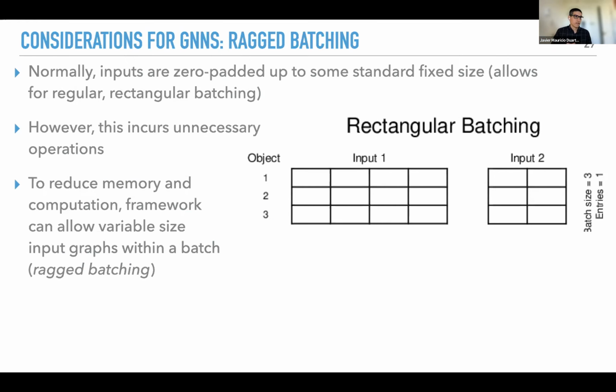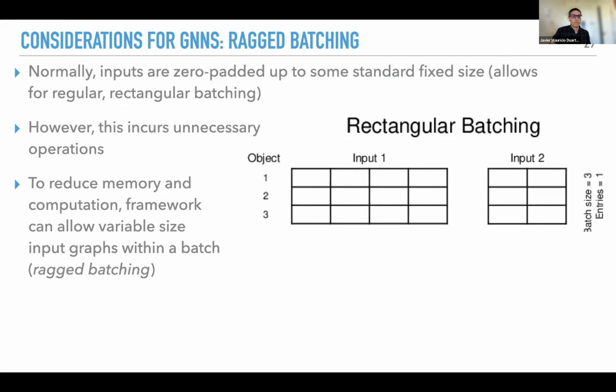If you want to do this inference on jets and they have up to 5 particles, you'll pad all the jets to 5 particles in order to do the inference. However, this incurs unnecessary operations because there's just a bunch of zeros being added that don't affect the result, and you're just wasting GPU computing.